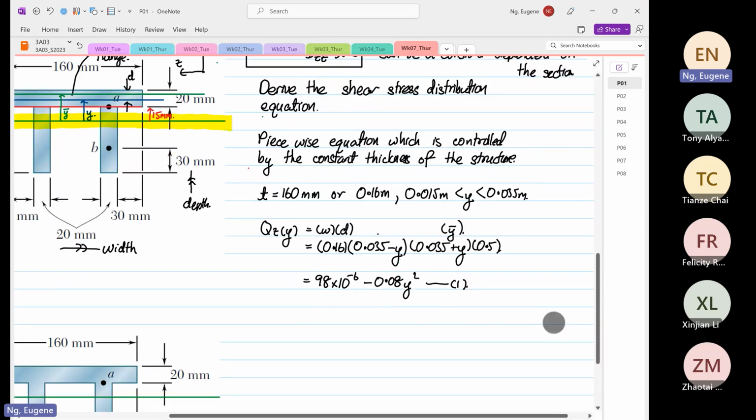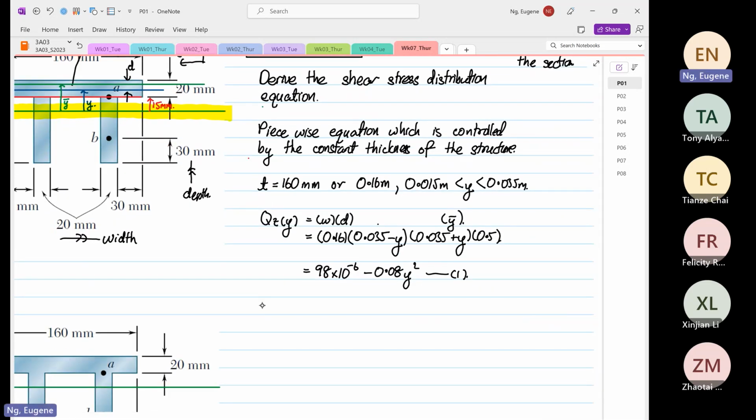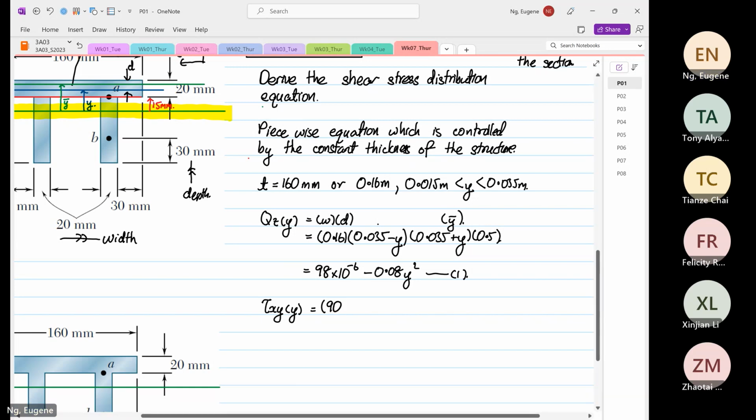Okay, so from here, shear xy as a function of y. We know the shear force is constant, 90 times 10 to the power 3.